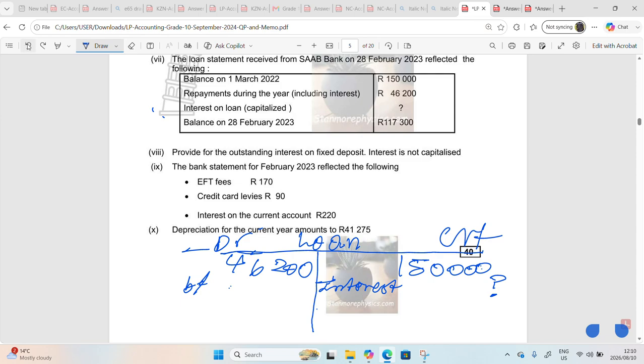during your current financial year. It will be your CD, your balance carried down, of 117,300, and then it will be your balance brought down the next year, but we're not interested in that.